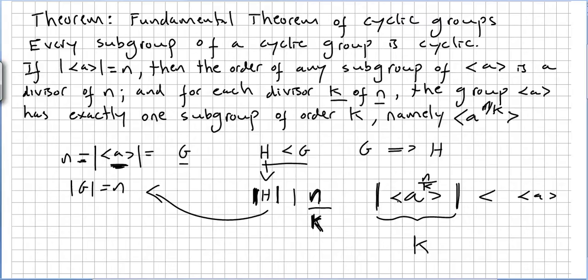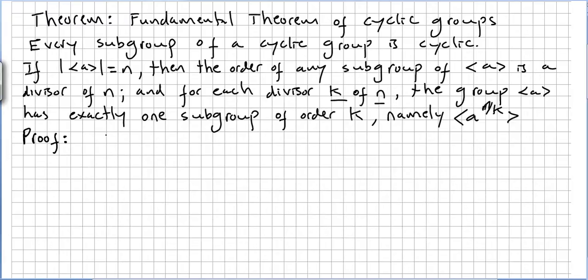It's pretty intuitive, pretty logical. The proof is not hard, but the proof is long. For the proof, we are going to take G as a group generated by a, so a cyclic group, and suppose that H is a subgroup of G. We want to show that H is cyclic.